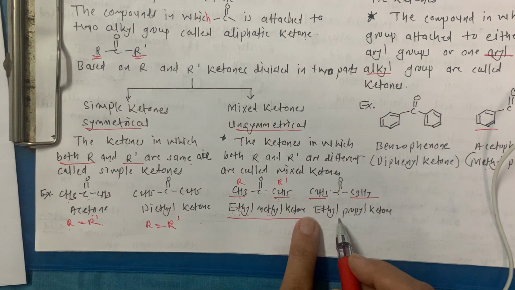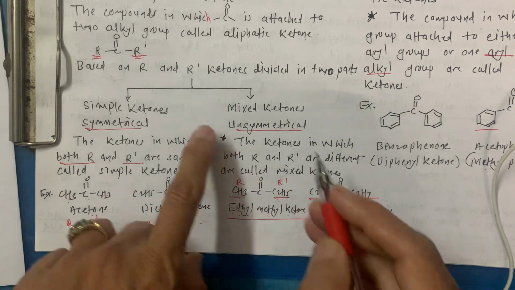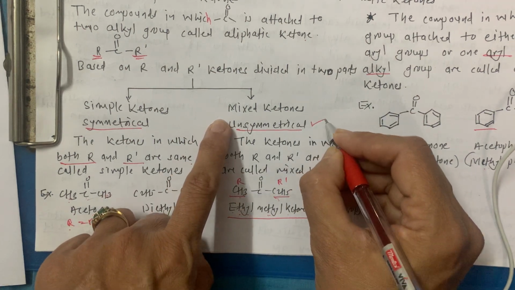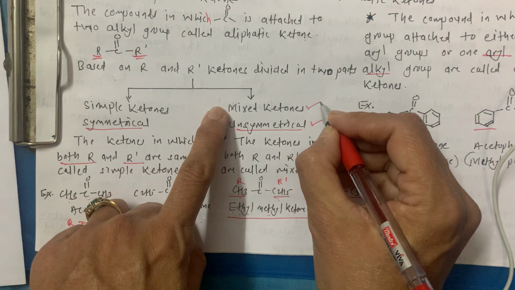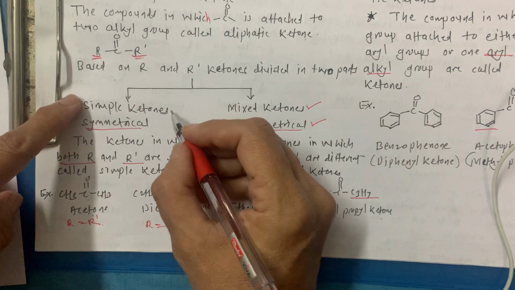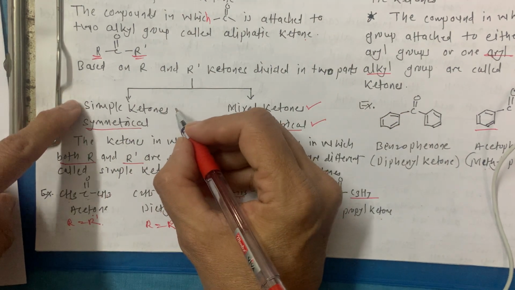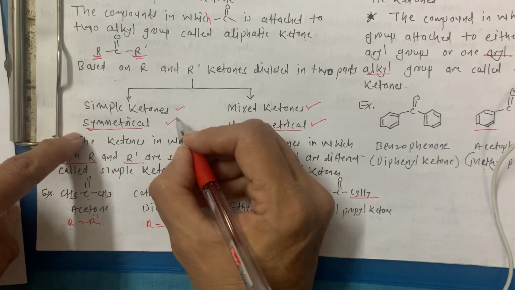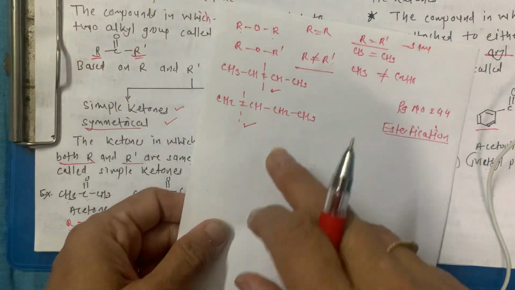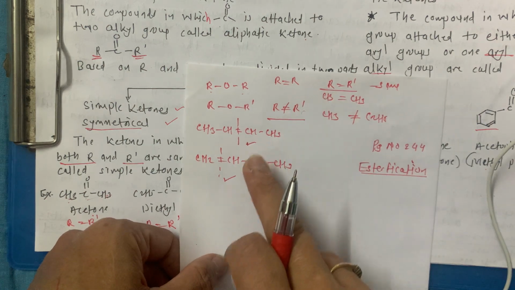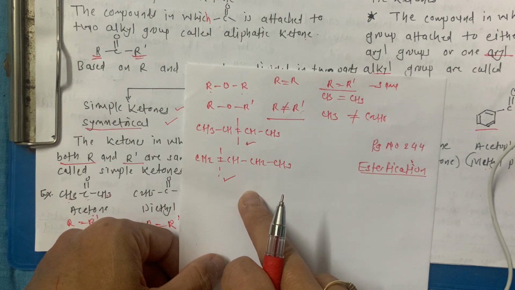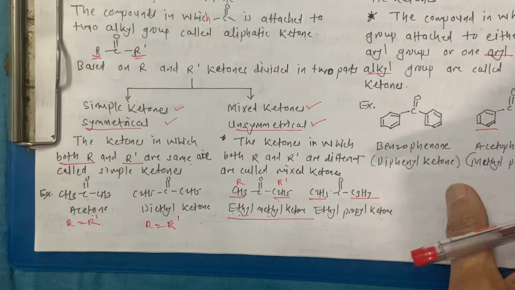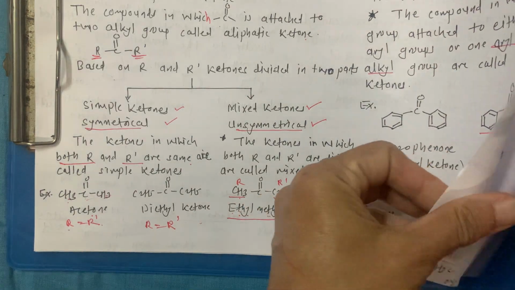This is an unsymmetrical ketone, or you may say a mixed ketone. And when R is equal to R dash, then these are simple or symmetrical ketones, just as we previously studied with ethers as well as alkenes. Is that clear? Okay, now next.